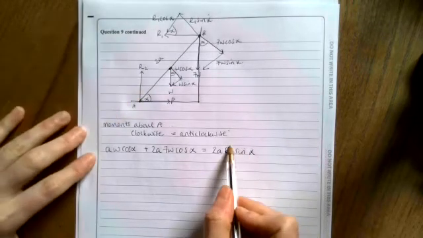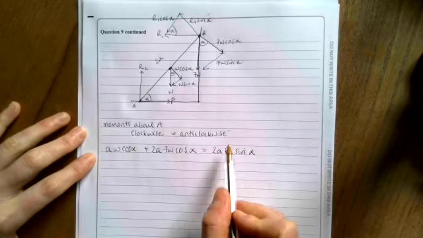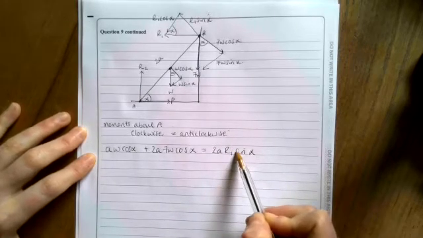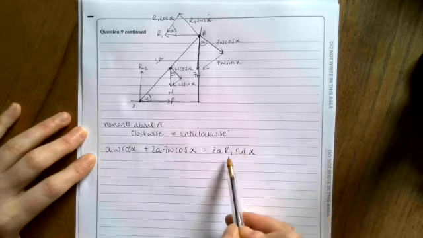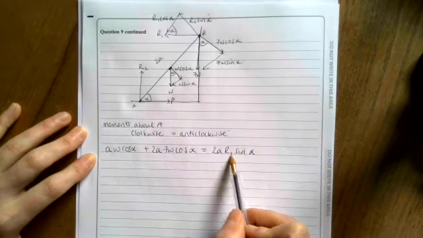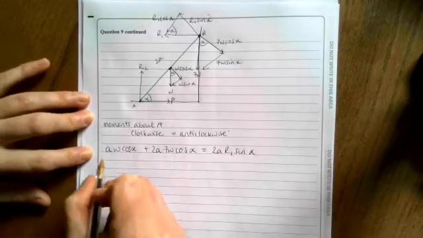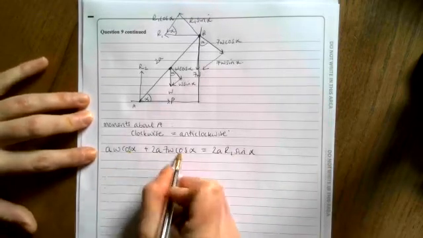So I'm trying to show that the magnitude of the reaction force at B is 3W. So that's my R1, so I need to rearrange this to find R1. I'm going to start by factorising over here.